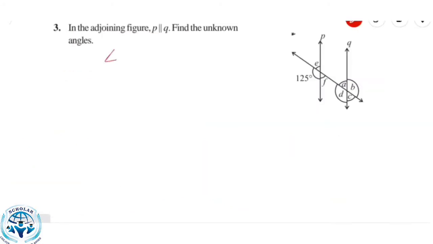Question number 3. If P is parallel to Q, then angle D will be equal to 125 degrees because both are corresponding angles. We have to find out the unknown angles. Angle D is known now.